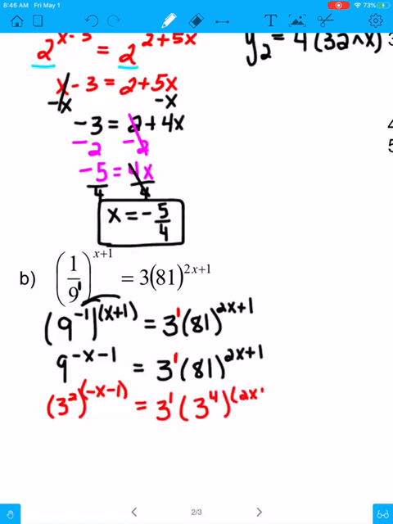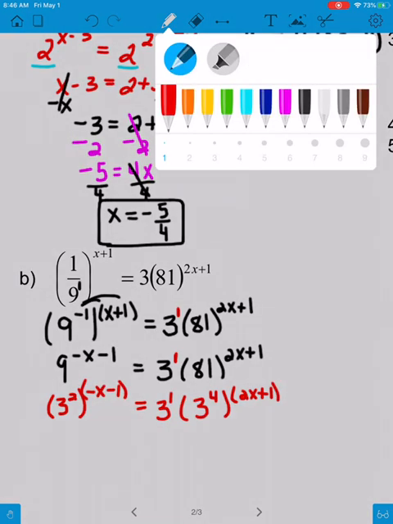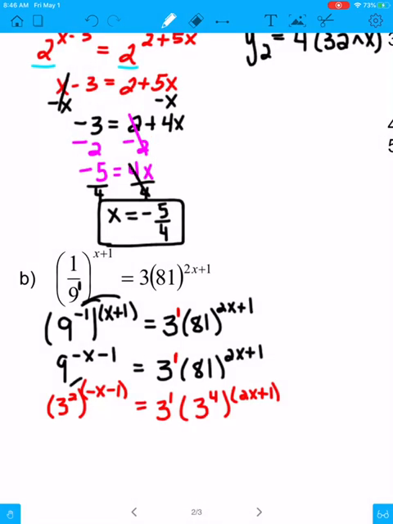And the 2x plus 1 in brackets so I don't forget. Sorry. So, next step, distribute. So I'm going to get 3 to the negative 2x minus 2 equals 3 to the 1 times 3 to the 8x plus 4.